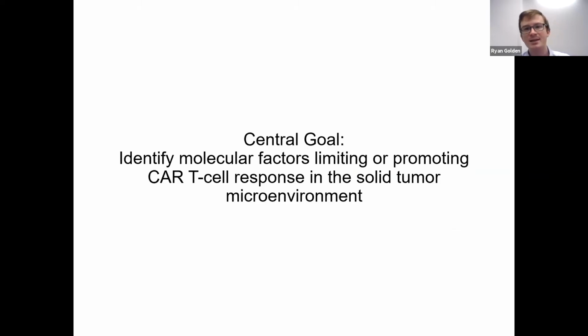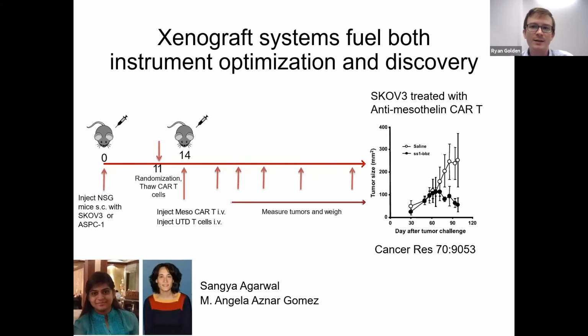So going back to the central goal, it's really to identify these molecular factors that are either limiting or promoting the CAR-T cell response in the solid tumor microenvironment. And we have effective xenograft systems for studying these questions in the lab.